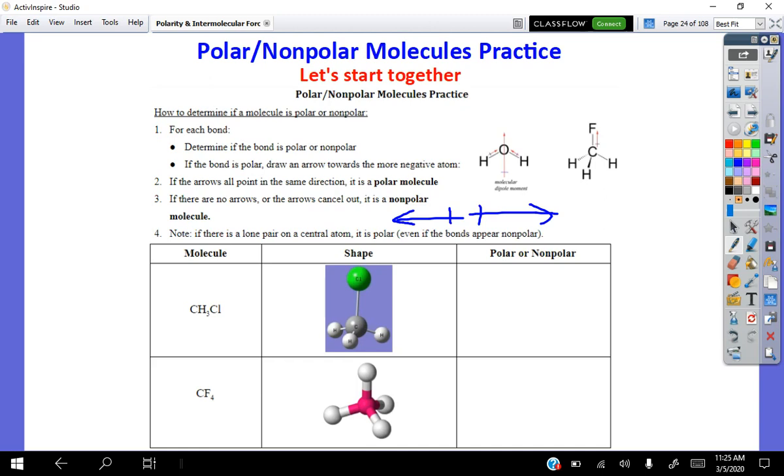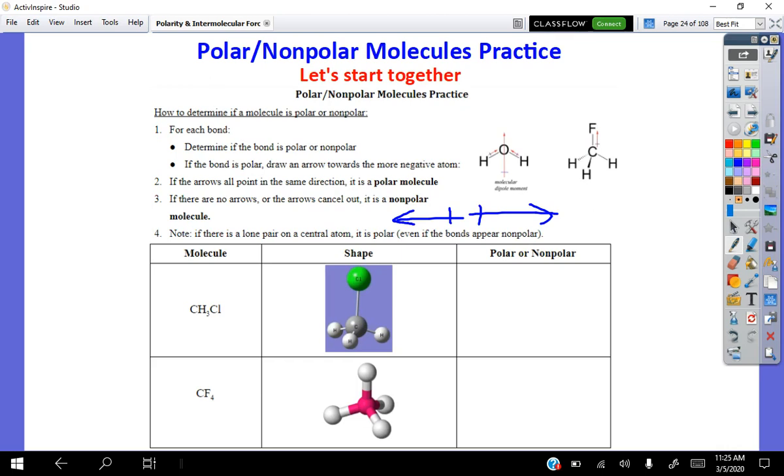There's another way we can do this by looking solely at symmetry of our molecule, but honestly, it is a lot more to remember. You do have to memorize which shapes are considered symmetrical and which are considered asymmetrical. But the issue with it is that it kind of takes away the understanding of what polarity is.